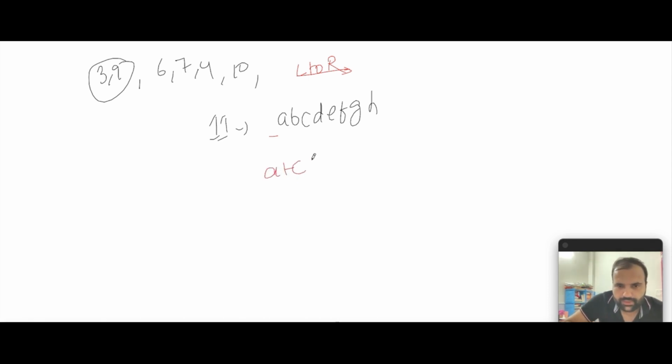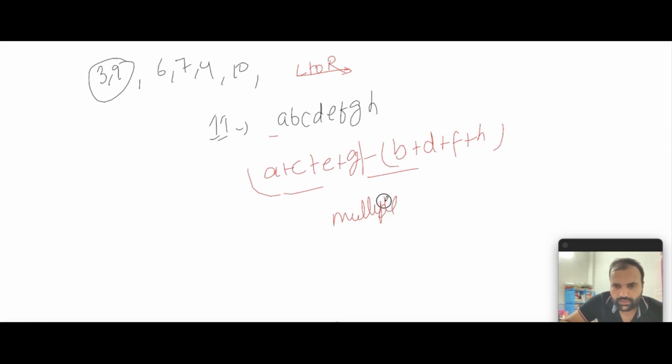So A plus C plus E plus G minus B plus D plus F plus H. If upon subtraction we get anything which is a multiple of 11, it means it is certainly divisible.